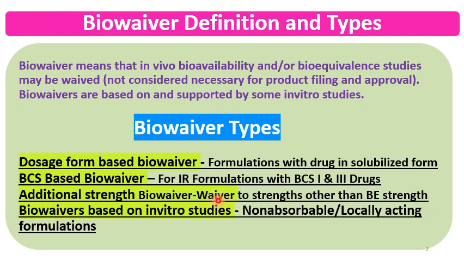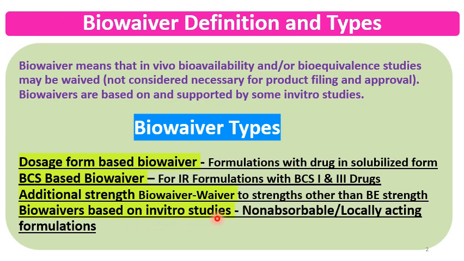So for additional strength biowaiver, one bioequivalence study is done with the BE strengths, and the waiver is given for the remaining strengths or additional strengths if those additional strengths fulfill the criteria of the regulatory authorities.